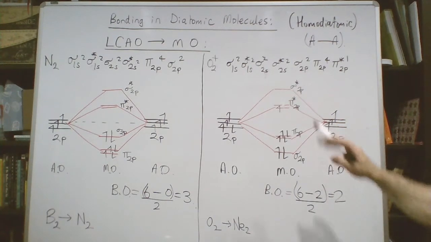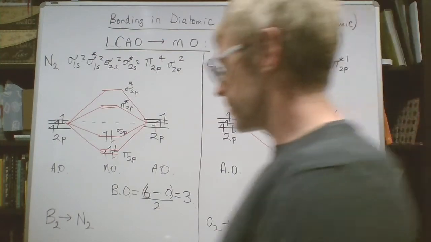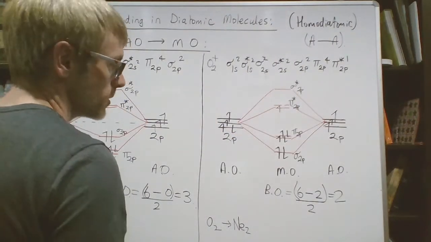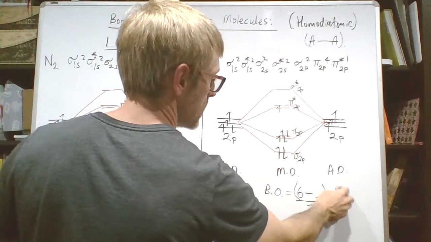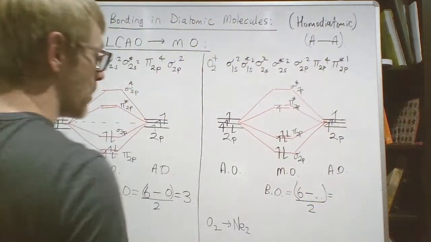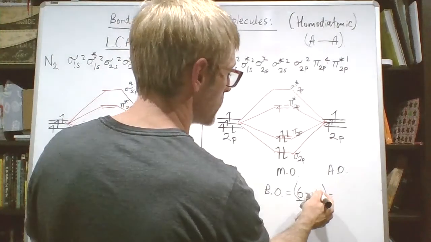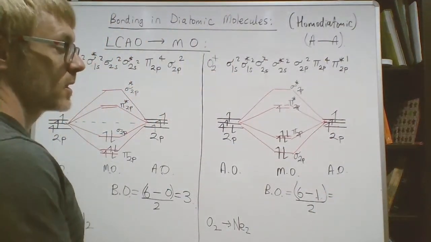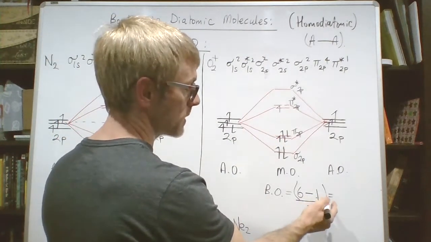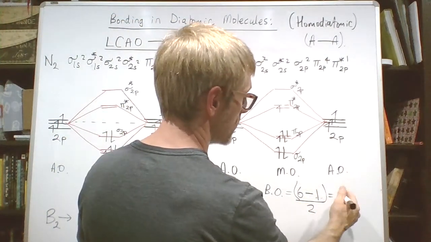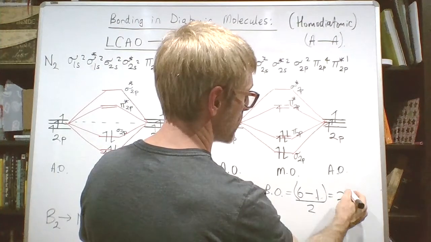Okay, if we did this, it would affect our bond order. So the bond order now, notice we've lost an anti-bonding electron, so this would now be 1. So this would be 6 bonding electrons minus 1 anti-bonding, that's 5. 5 over 2 is 2.5.